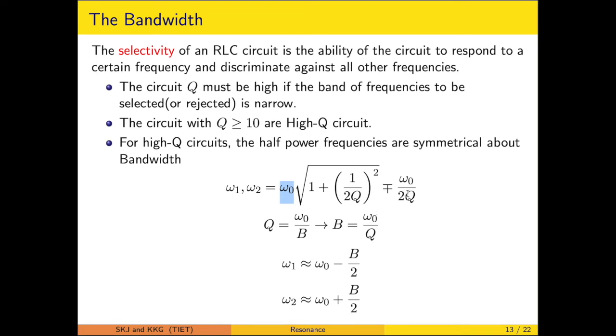We can also substitute omega 0 upon Q as bandwidth. So the equations come out as omega 1 is equal to omega 0 minus B upon 2, and omega 2 is equal to omega 0 plus B upon 2. It suggests that for a high Q circuit, the half power frequencies are symmetrical about the resonant frequency, separated by the bandwidth.